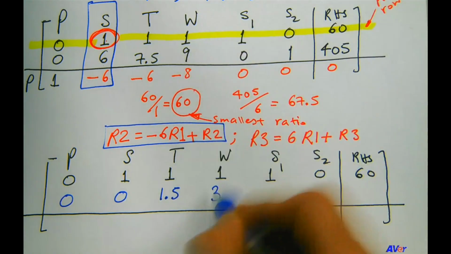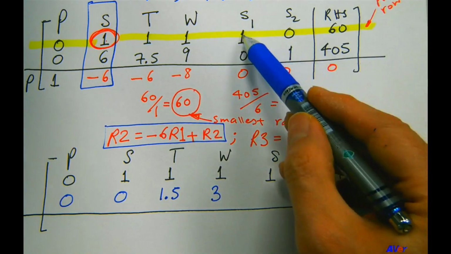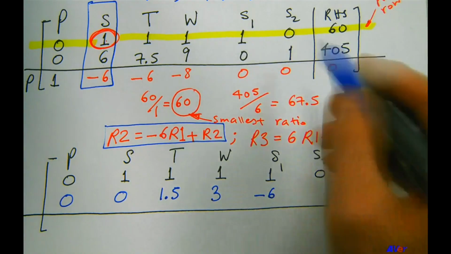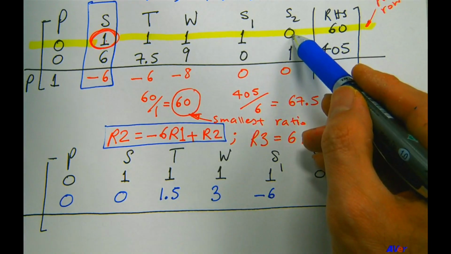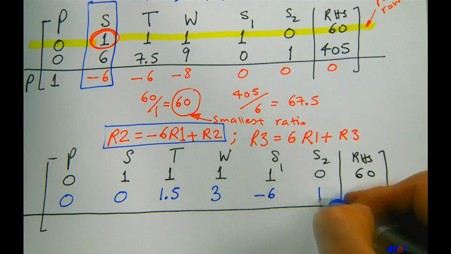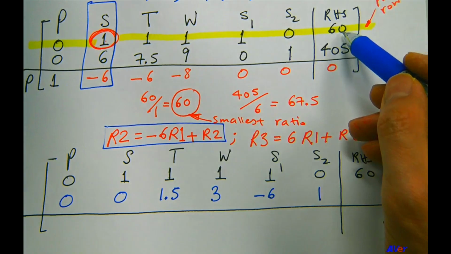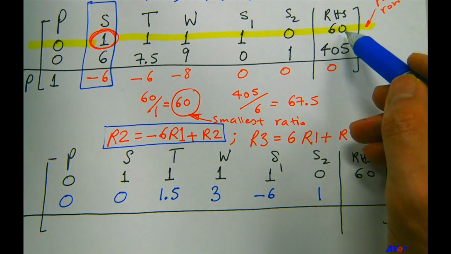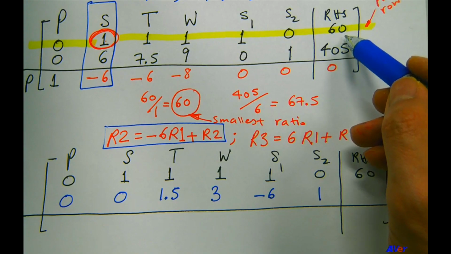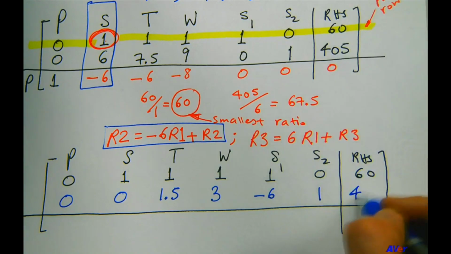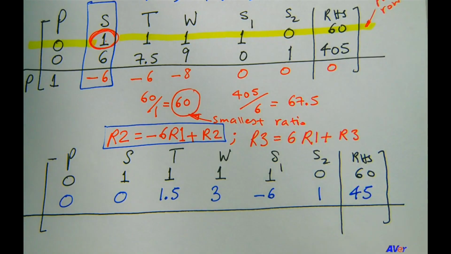That's +3. -6 times 1 is -6, plus 0 is -6. -6 times 0 is 0, plus 1 is just 1. -6 times 60 is -360. -360 plus 405, it's positive 45. So we're done with that row operation.